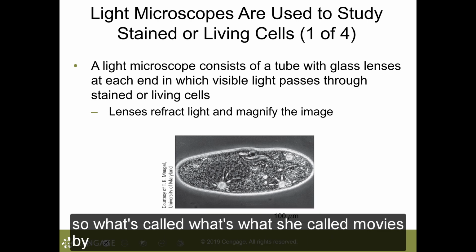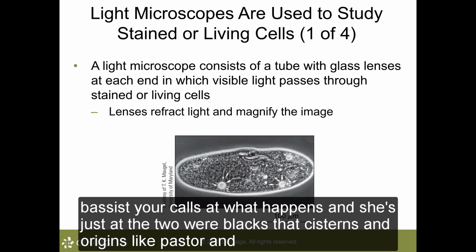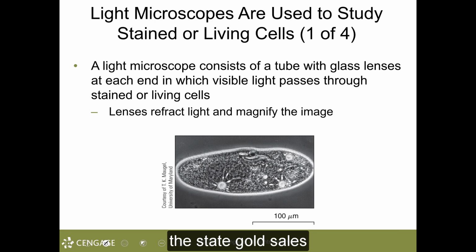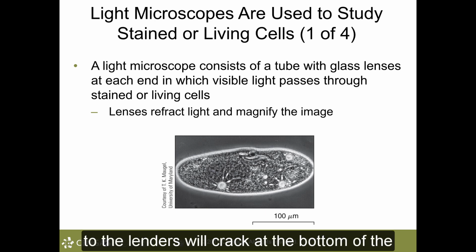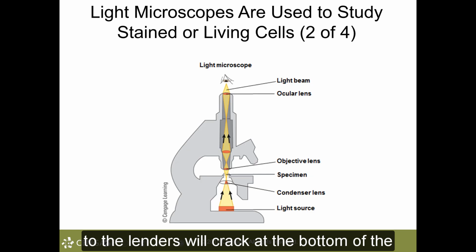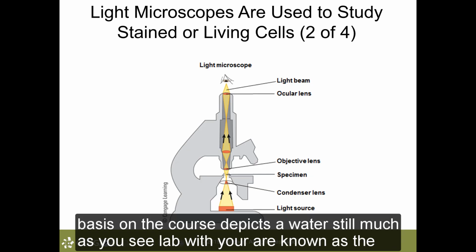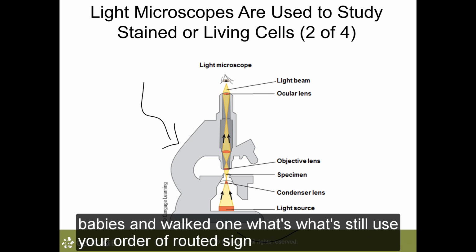So the light microscope, what you all will use in lab. This is here. What happens is you just have that tube with glass lenses at each end, through which visible light passes through the stained living cells. So the lenses will refract and then magnify the image. This is showing you a coarse depiction of a light microscope, much as you see in lab with your arm and base.